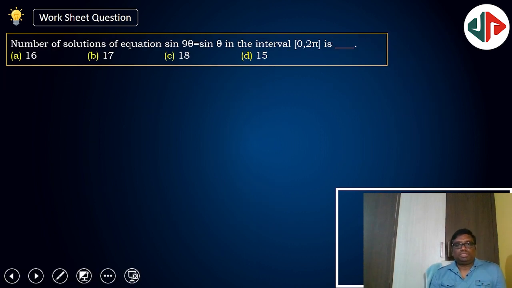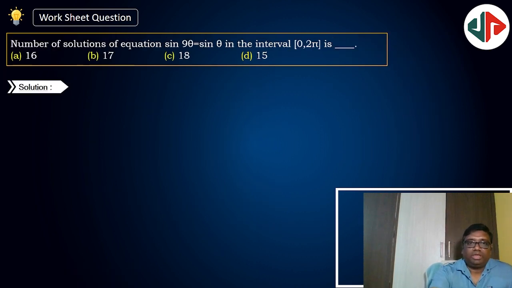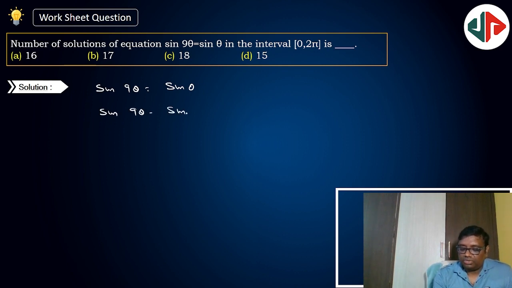The number of solutions of the equation sine 9 theta is equal to sine theta. Sine 9 theta is equal to sine theta means we can read it as sine 9 theta minus sine theta is equal to 0. Then it becomes 2 times cos 5 theta into sine 4 theta is equal to 0.